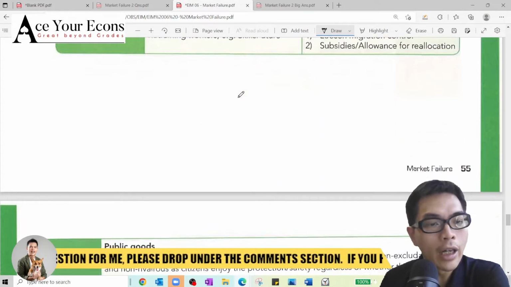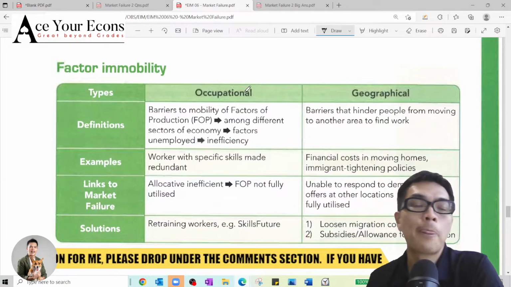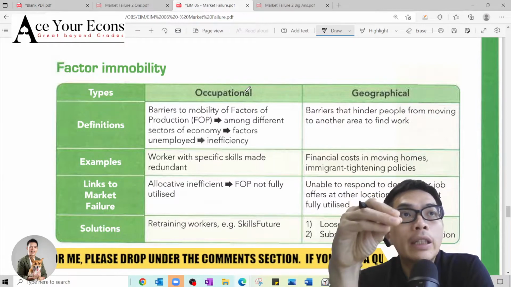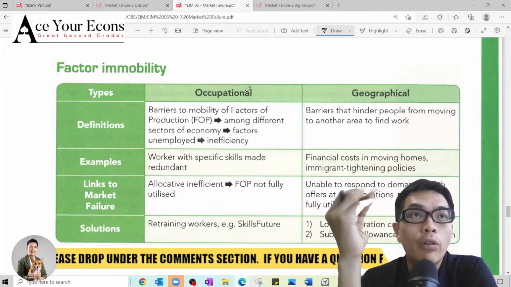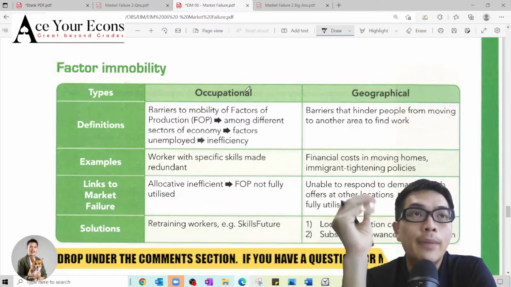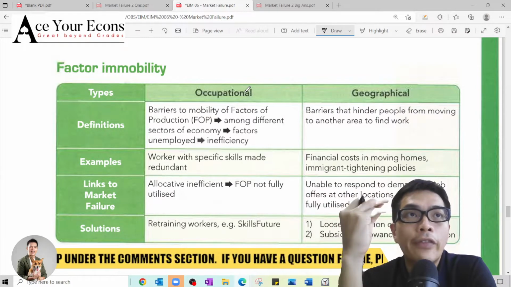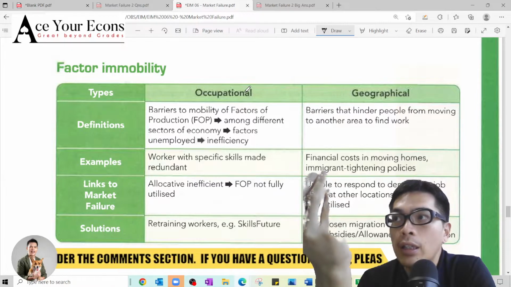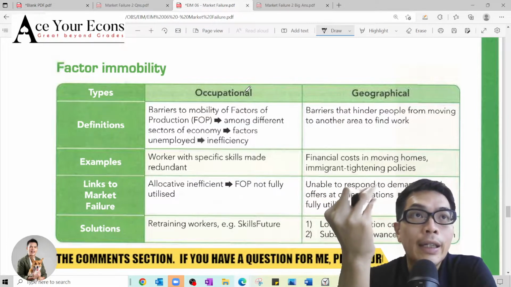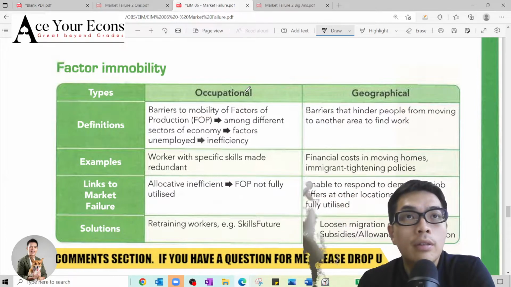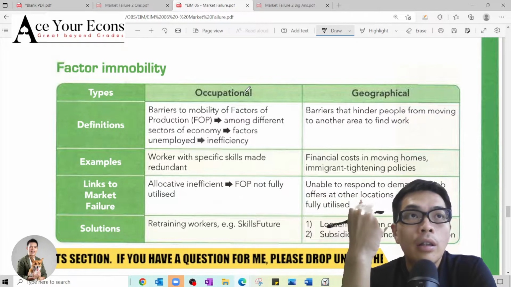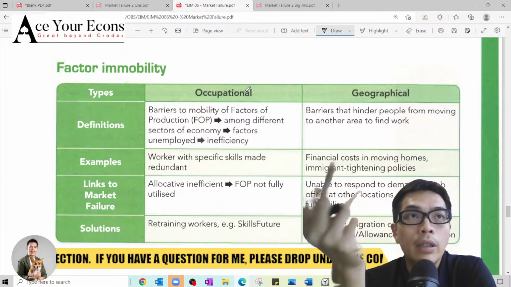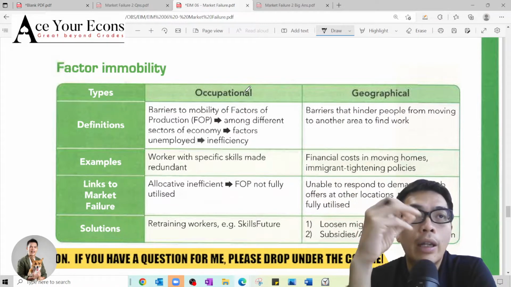If you look at page 55, factor immobility tells us that there is inefficient allocation of resources at the factor market. What does factor tell us? It tells us your factor of production, right? It could be land, labor, capital, machinery, whatever.